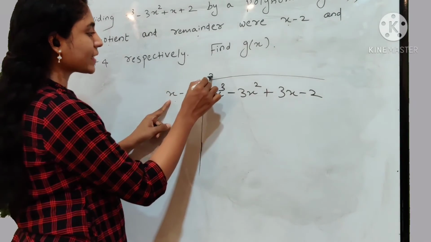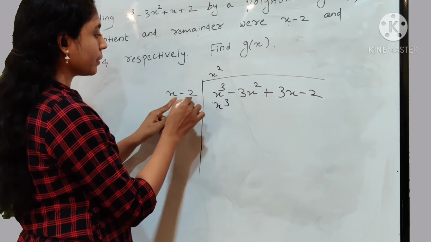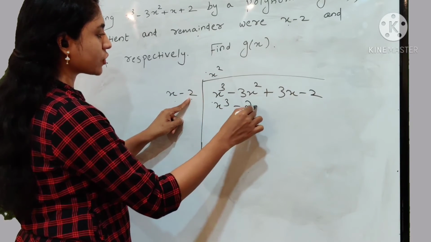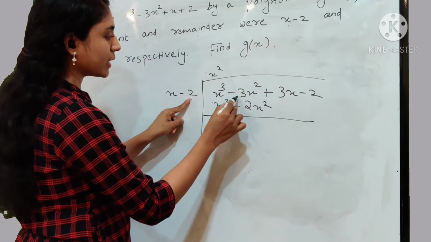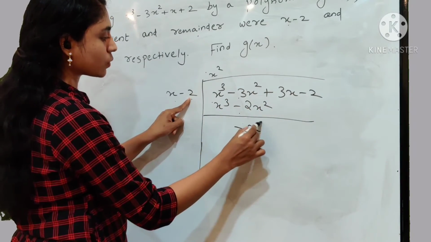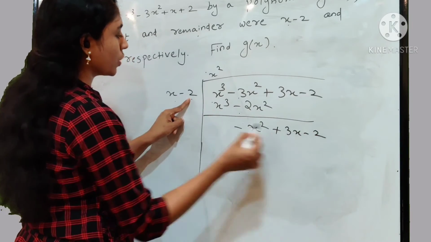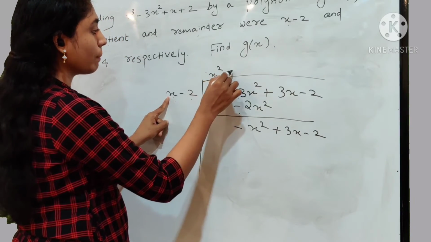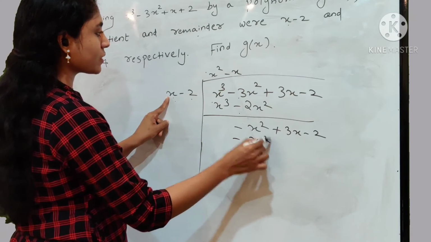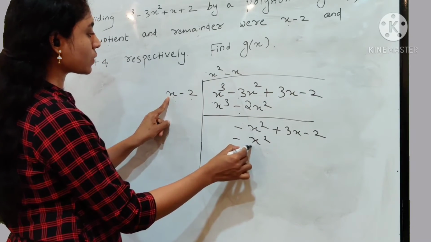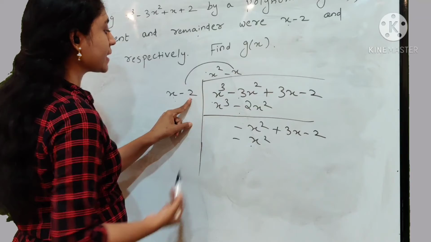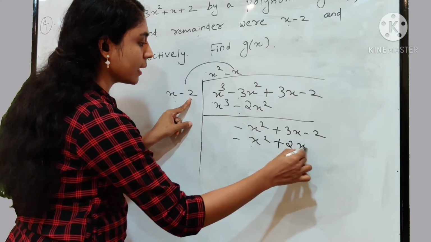So x into x square is x cube. Then minus 2 into x square is minus 2x square. Performing subtraction, minus 3 plus 2 becomes minus x square. Minus x square plus 3x minus 2. Then x into minus x is minus x square, right? Then minus 2 into minus x is plus 2x.